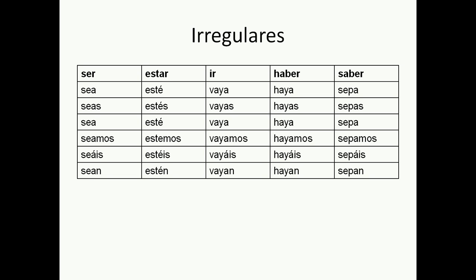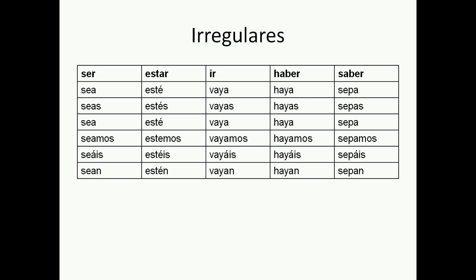The verbs ser, estar, ir, haber, and saber are irregular. Ser is irregular because it retains the e of the ending er in the root.